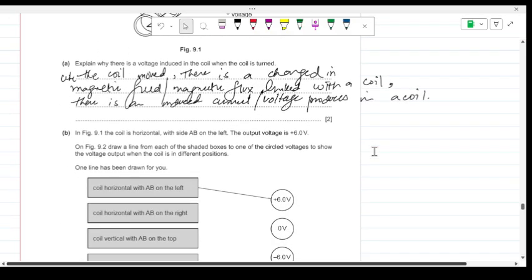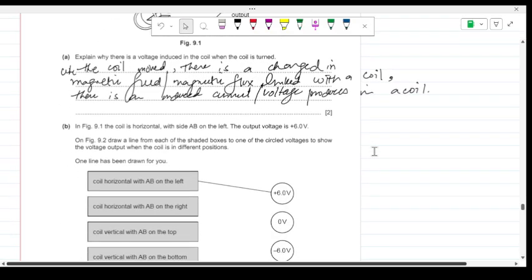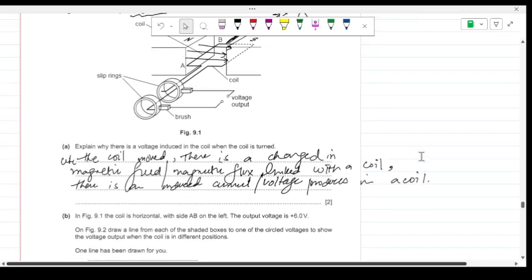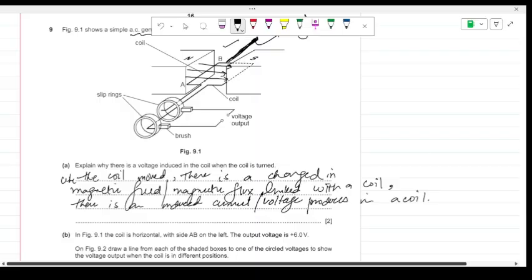So in figure 9.1, the coil is horizontal with the side AB on the left. The output voltage is 6 volt. So in the diagram, when the coil is horizontally placed, the side AB on the left produces a voltage of 6 volt.